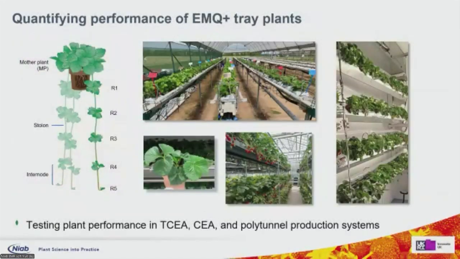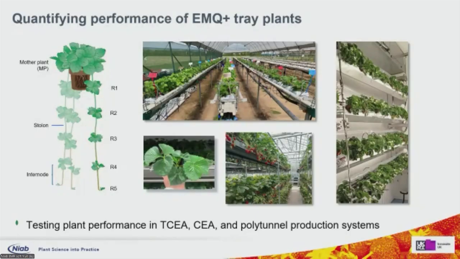We are comparing those that we produce in vertical farming in TCA conditions with those that are commercially propagated, to see whether there is a difference. So far we can confirm that they are very much enhanced, and there are no pests and diseases, no crown rot, which obviously we hoped for. And that is a very good benefit.